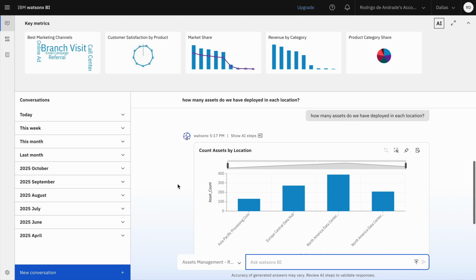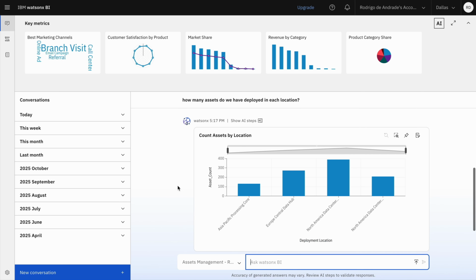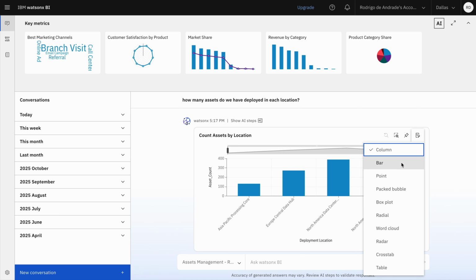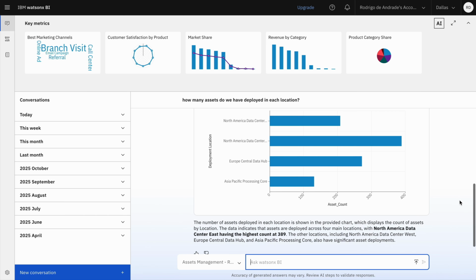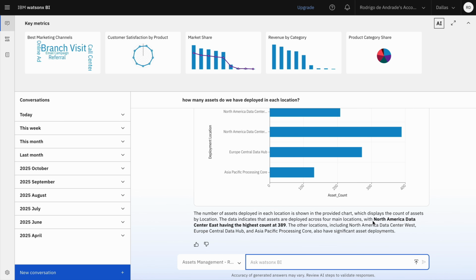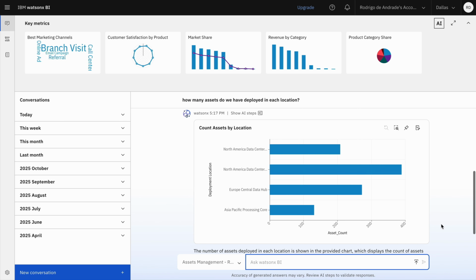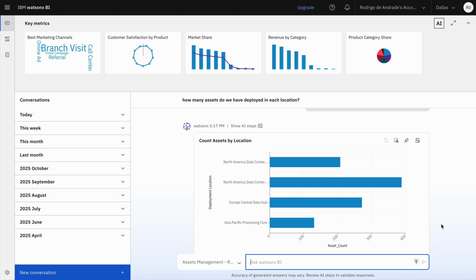I can change the type of chart, so I can change to bar, for example. And I can see here also natural language insights explaining the chart to me. I can clearly see how assets are spread across locations, and North America stands out as the largest concentration.